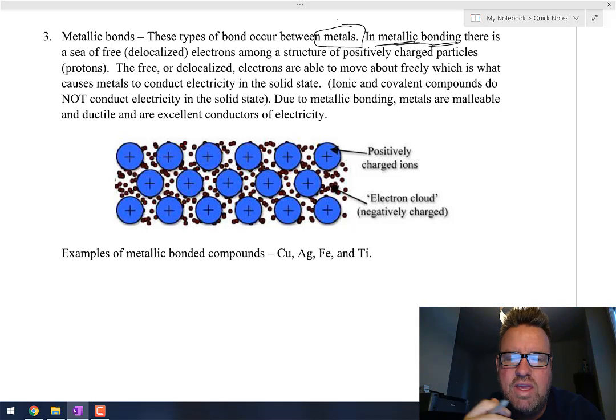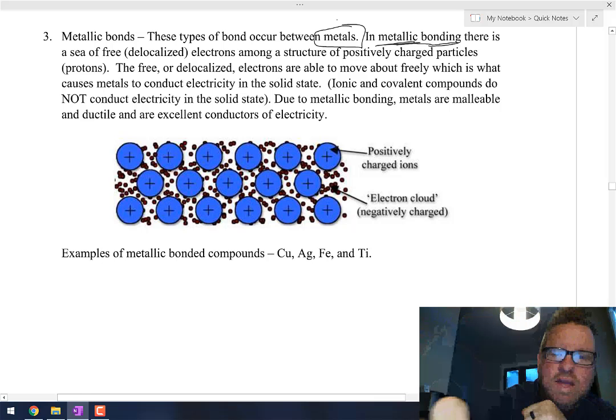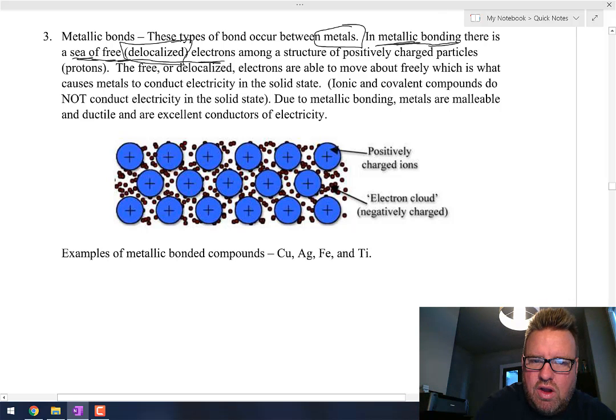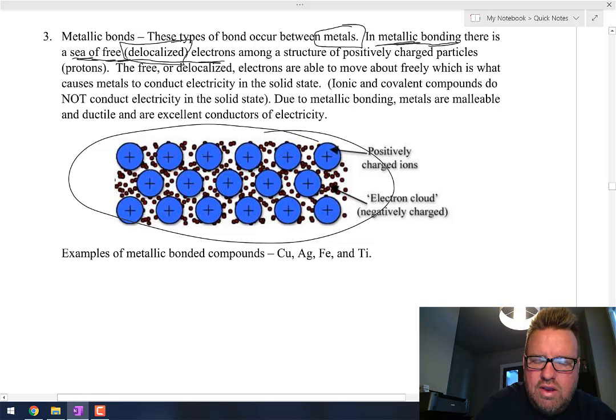Okay, some of the key points to metallic bonding is the electrons are free to move. Sometimes we refer to it as a sea of free or delocalized electrons. You can see it here, all these little black dots down in here, those are the electrons. And so what happens like a wire is that electricity runs through here.